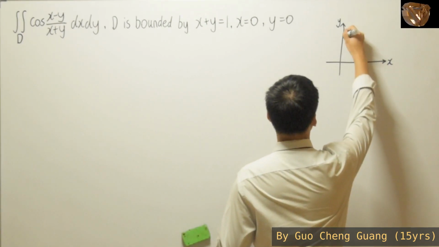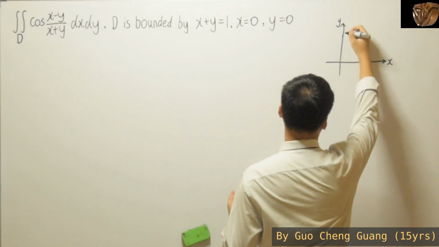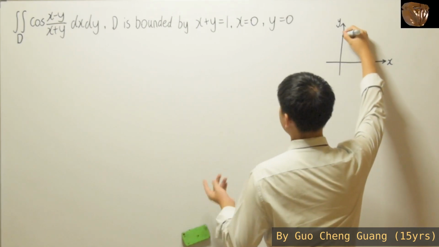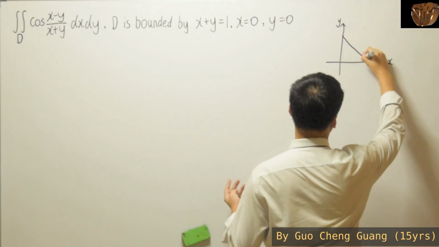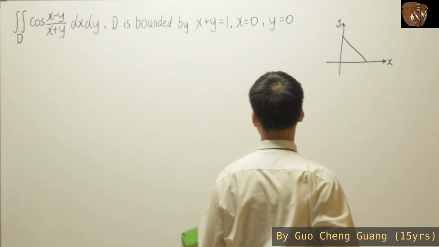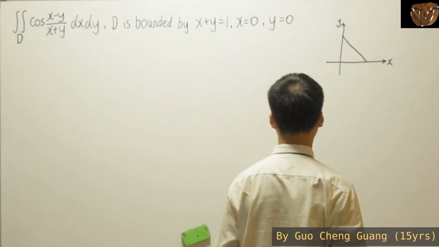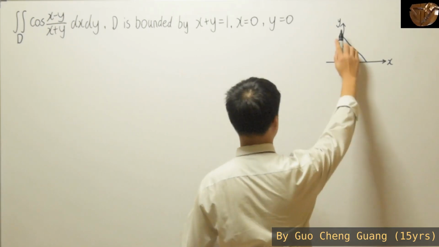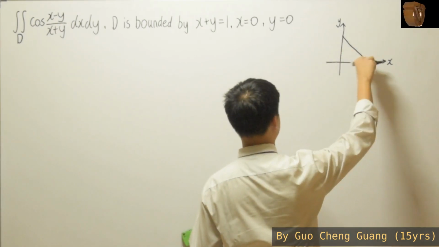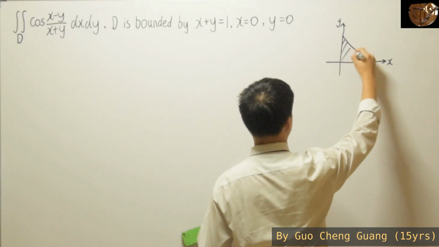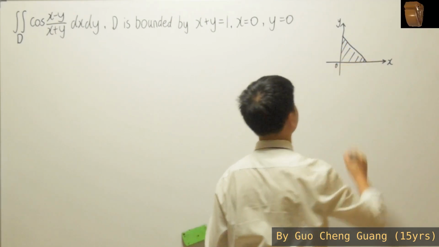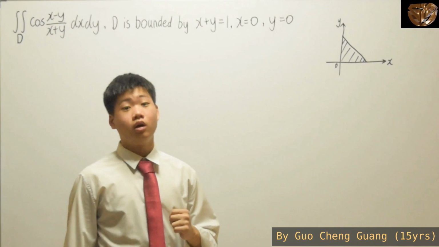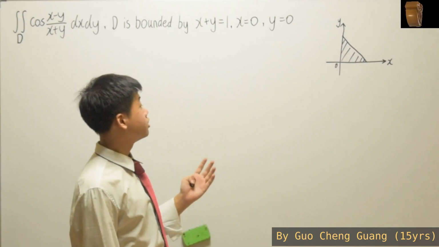So plus 1 is the intersection with the y-axis, and since it's a negative x, it goes down. So this is x plus y equals 1. Now, x equals 0 is your y-axis. y equals 0 is your x-axis. So you just have this area inside. This is our boundary.